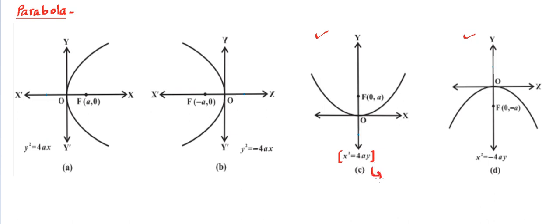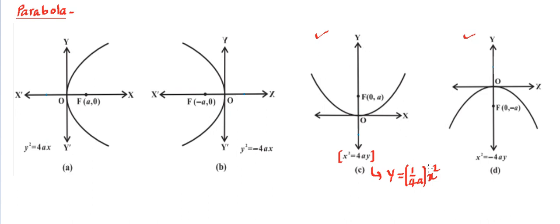If you want to rewrite it, you can write it as y is equal to some constant, which in this case is 1 upon 4a, into x square. So this is y is equal to the x square term, other terms are 0, so this is a quadratic relation. That means x power 2 is involved and y is involved. So whenever y is equal to this and this 1 upon 4a is positive, it's opening upwards.